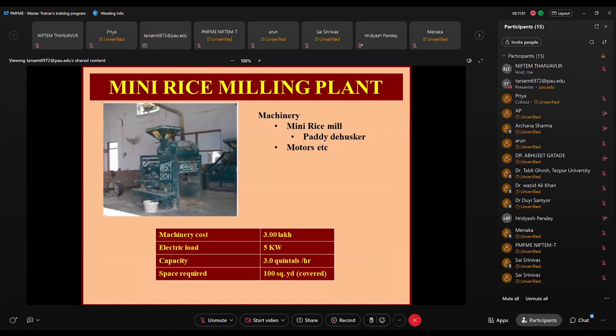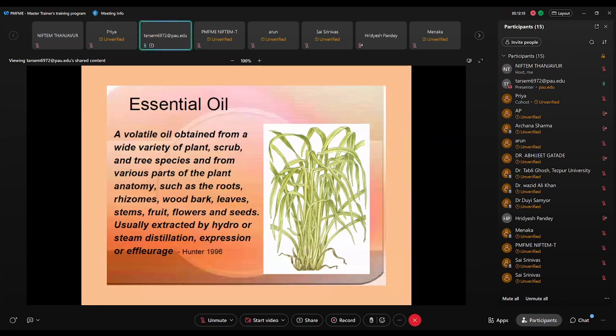But if we don't want to set up an agro processing unit, we can have a separate unit also, like only for basmati, or for black rice processing we can have only a dehusker that may cost only rupees 1 lakh, and that will be helpful in getting the edible product from that paddy.